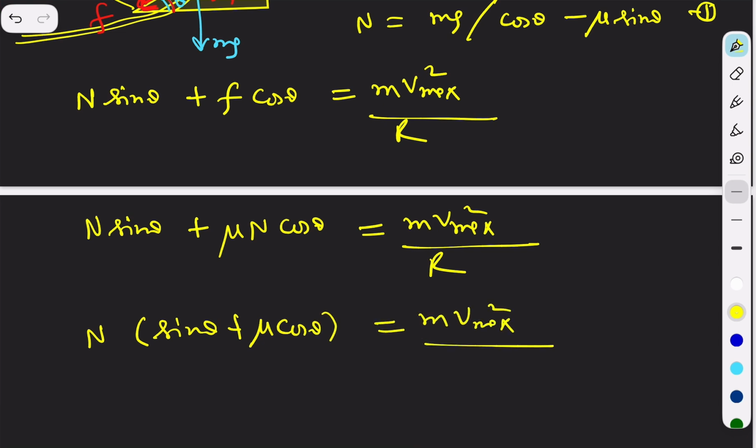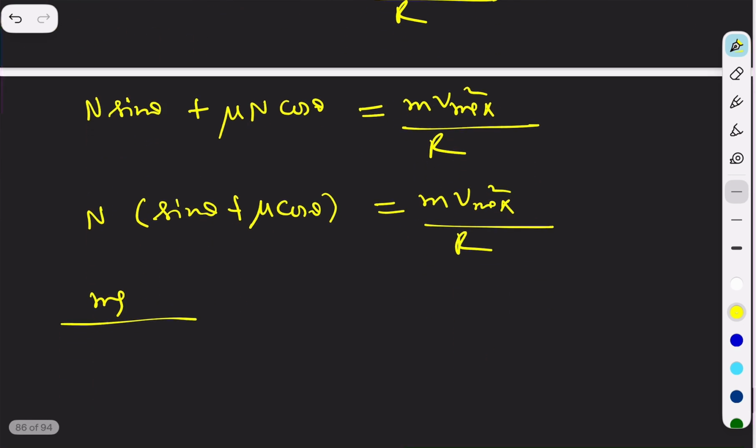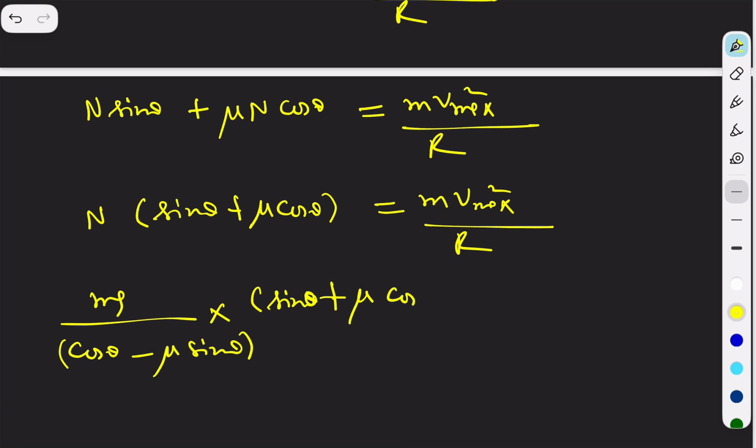Now we can replace the N, that will be mg divided by cos theta minus mu sin theta, into sin theta plus mu cos theta, is equal to m v max whole square divided by R. The m will be cancelled.